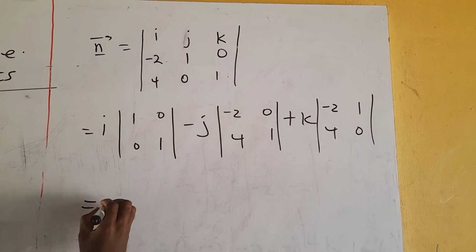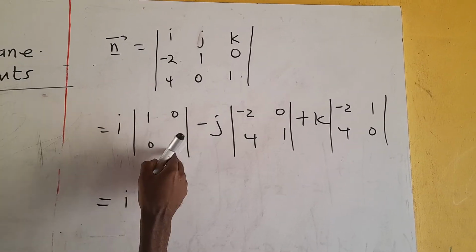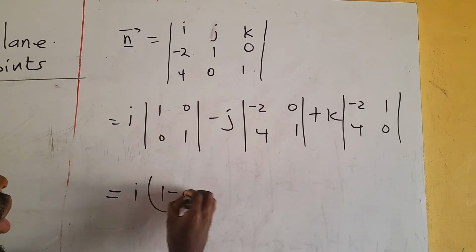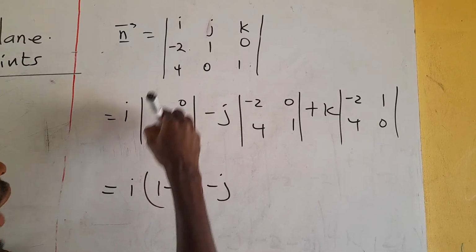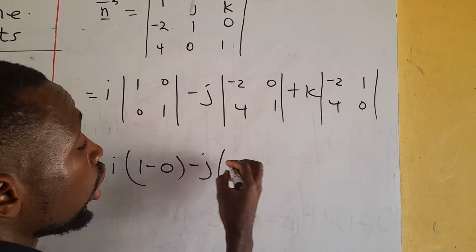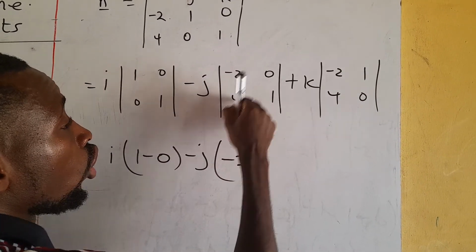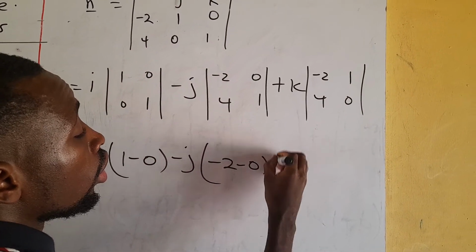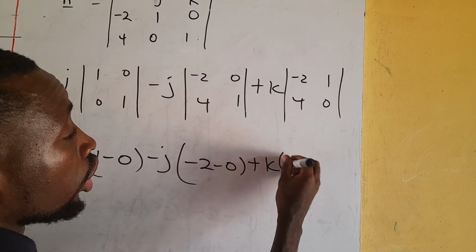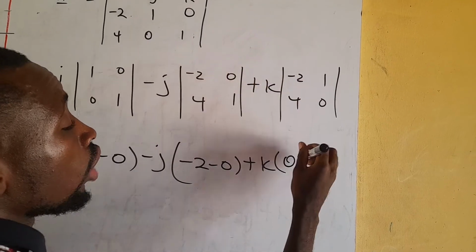So we calculate that, we have i bracket. This time this is 1 times 1 minus 0 times 0 is 1. So j, negative 2 times 1 will be negative 2, minus 4 times 0, that will be 0. Plus k, negative 2 times 0 is 0, then minus 4 times 1, which is negative 4.